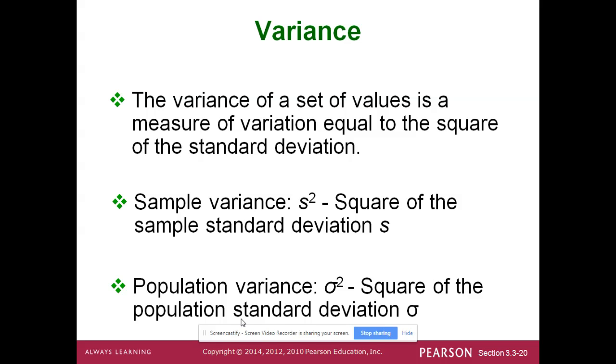It's the same formulas. You're just taking that value from your calculator and squaring it. If it's a sample, you're squaring the S. If it's a population, you're squaring the sigma of your one variable stats on the calculator.